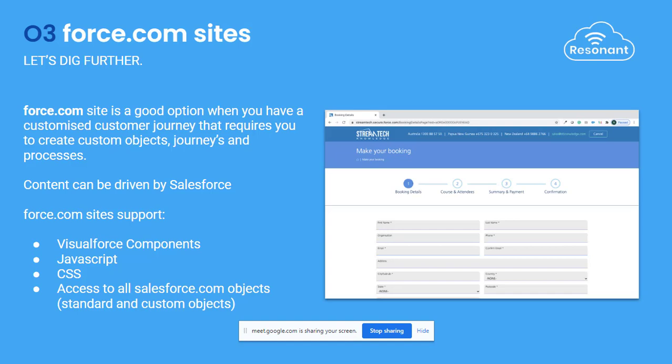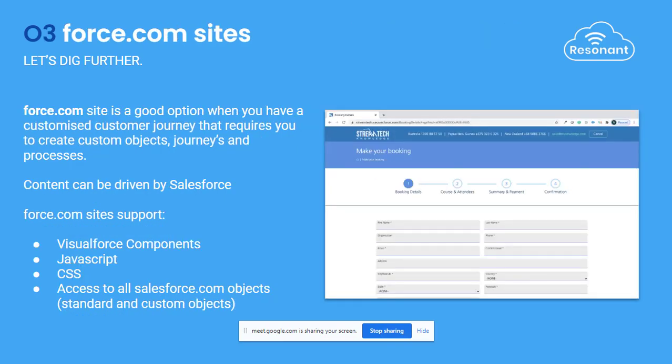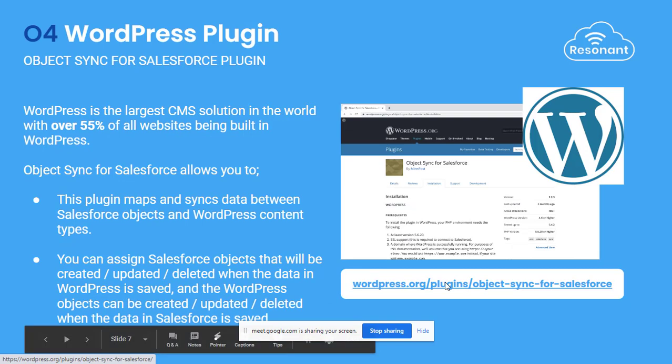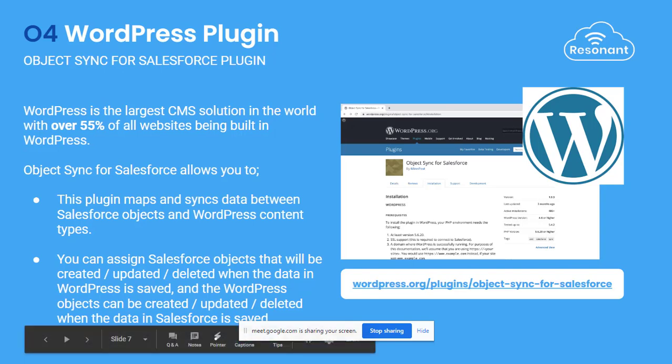It does require a developer, a coder, to make changes to a Visualforce page, so you could look instead at going with a Form Assembly form for that registration piece, and embedding it into a WordPress website. You could still use the plugin and still get the best of both worlds, so that you've got flexibility to change the forms but still have the content driven from within Salesforce.